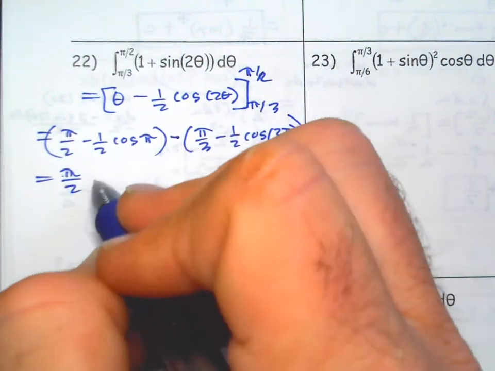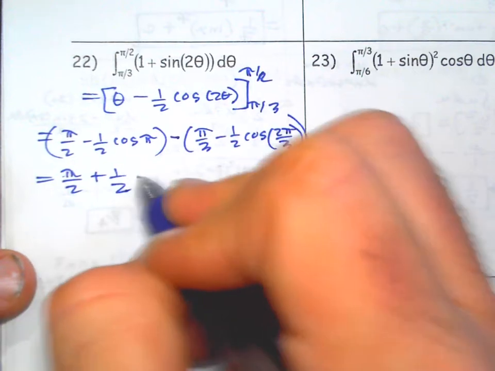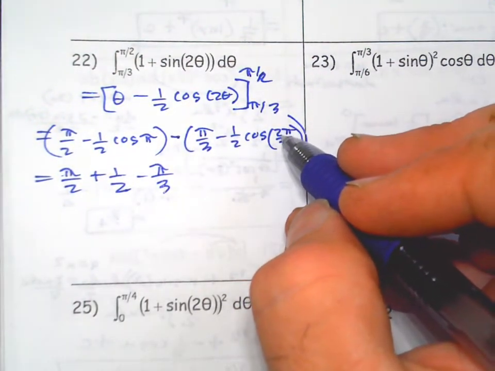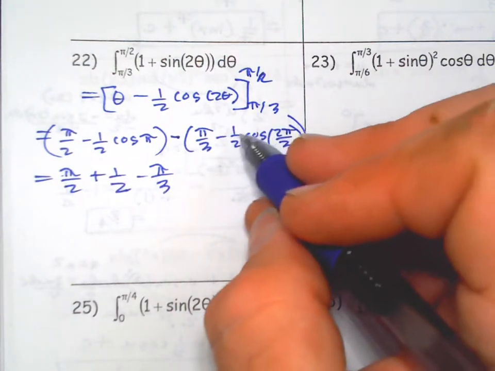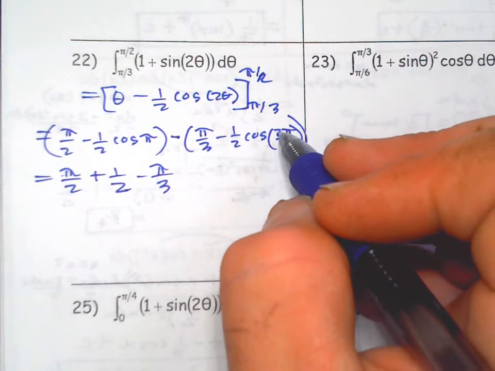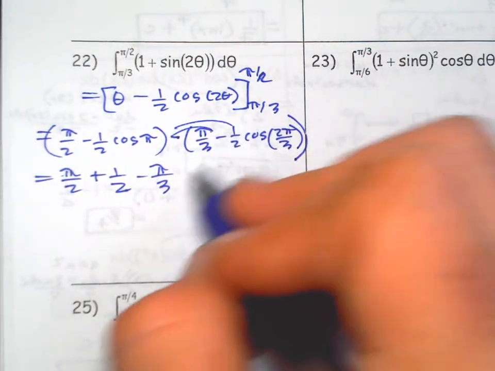Cosine pi is -1, so it's going to be plus 1/2 minus pi over 3. Cosine of 2 pi over 3. Cosine of pi over 3 is 1/2. That's going to be negative in the second quadrant. That's going to be -1/2, positive 1/4, and you guys distribute this, so it's -1/4.